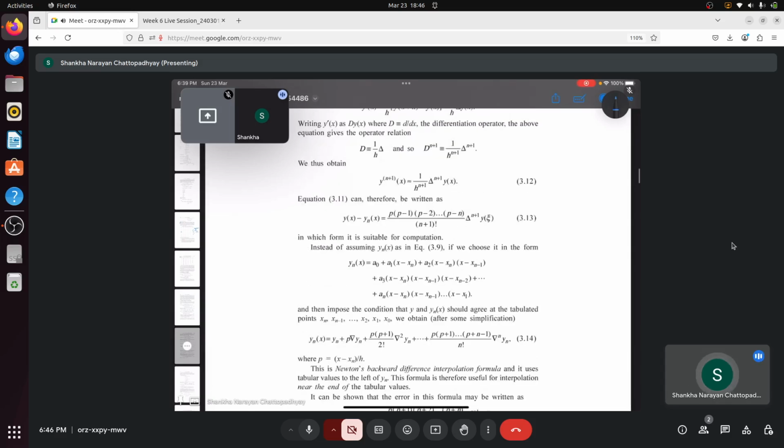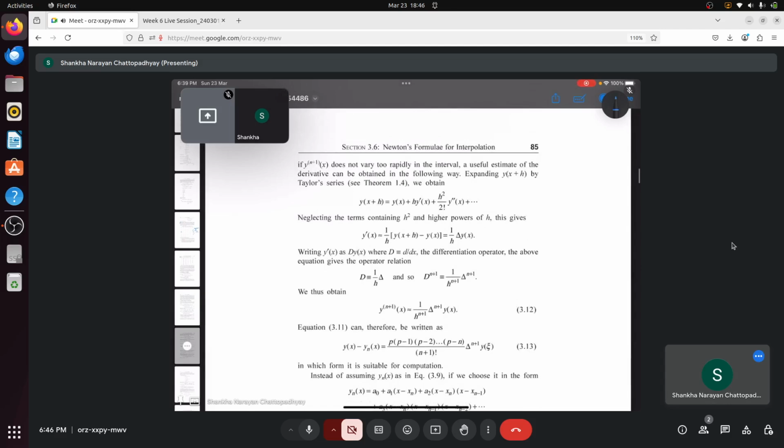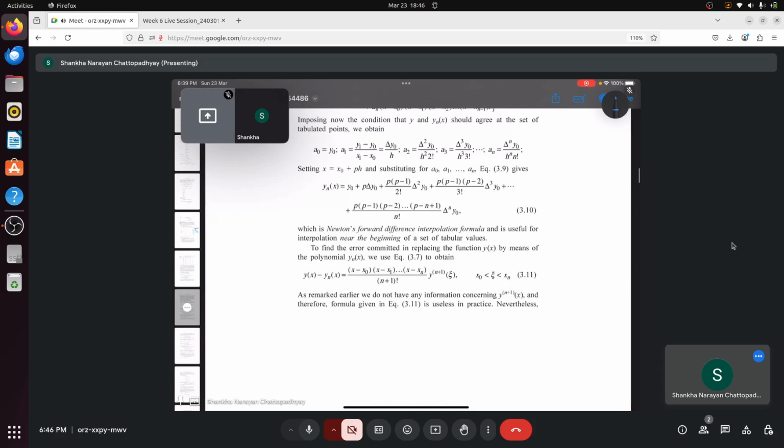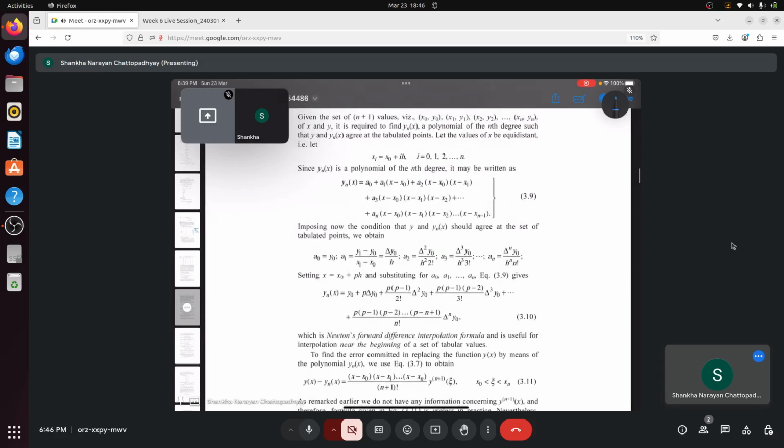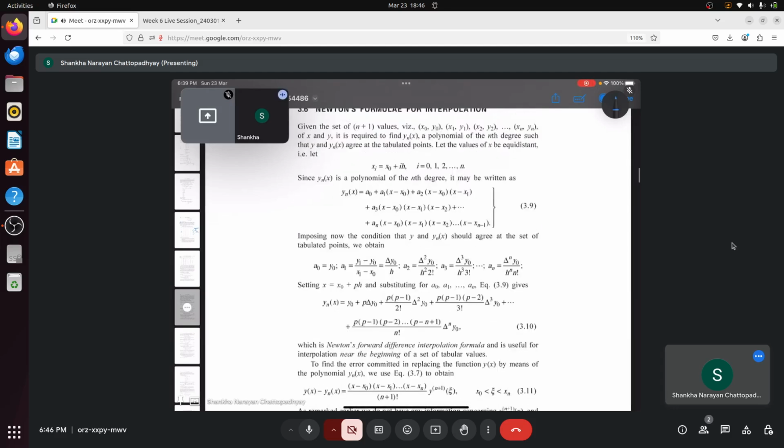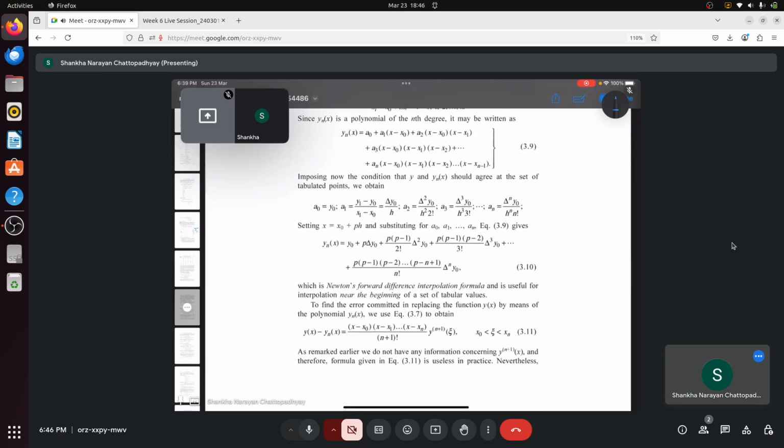Newton's forward formula: you need to interpolate.